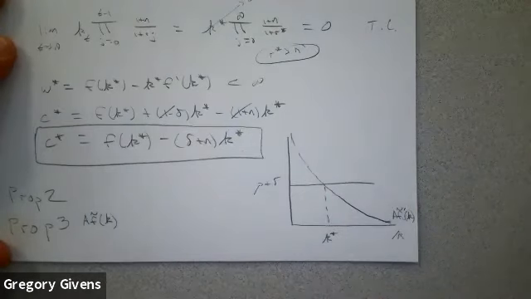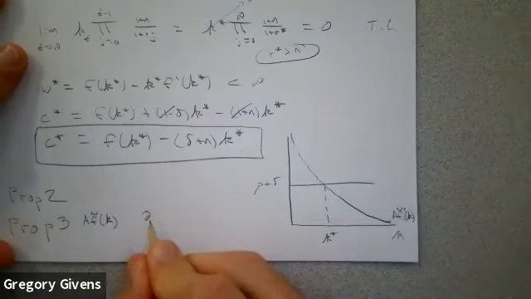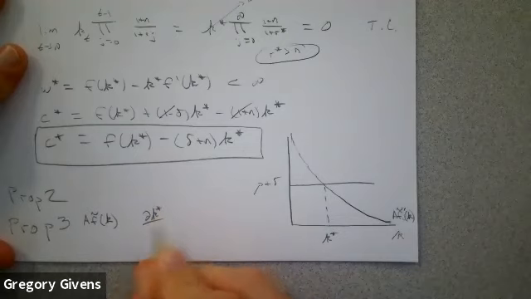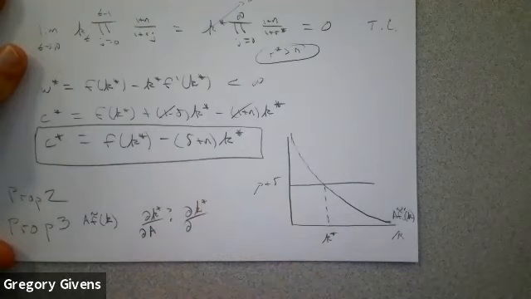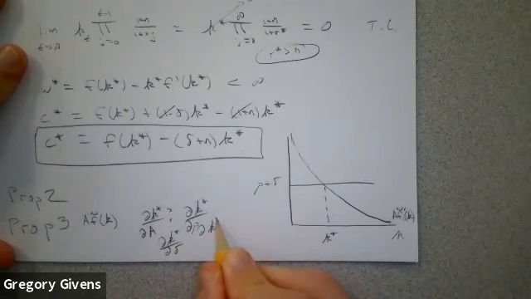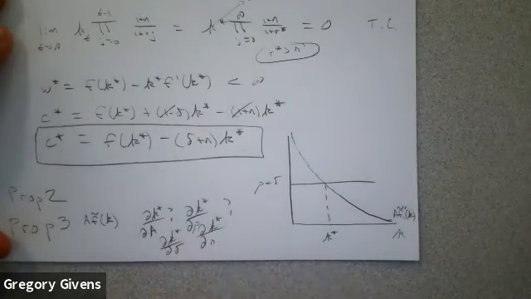I want to just draw the pictures. What's the partial of k star with respect to A? The partial of k star with respect to rho, the partial with respect to delta, and the partial with respect to n. What are those comparative statics equal to?